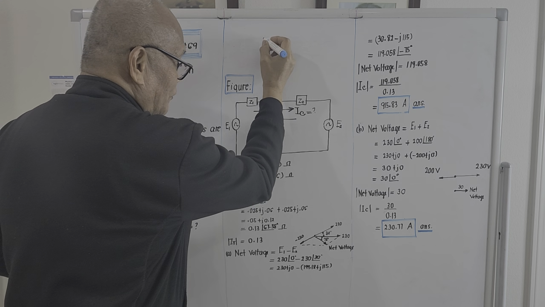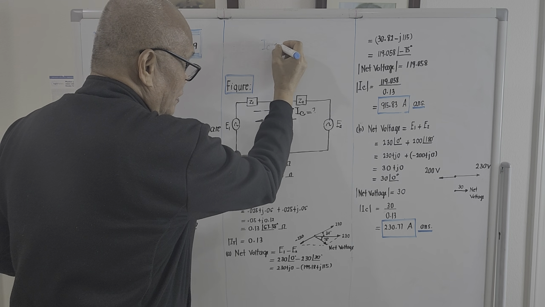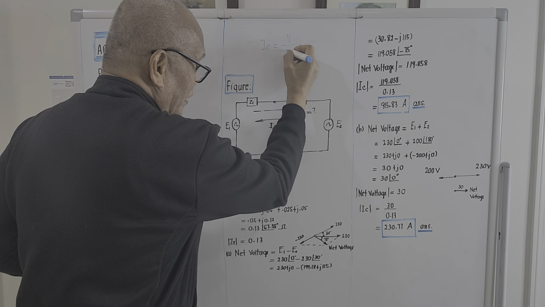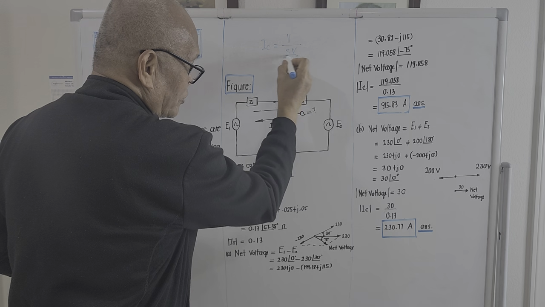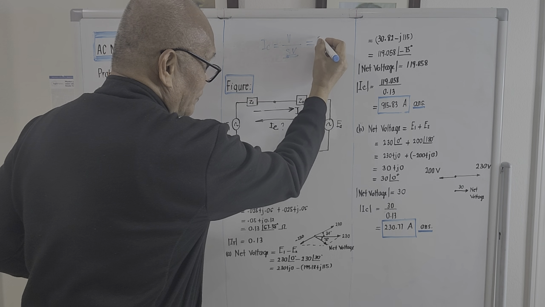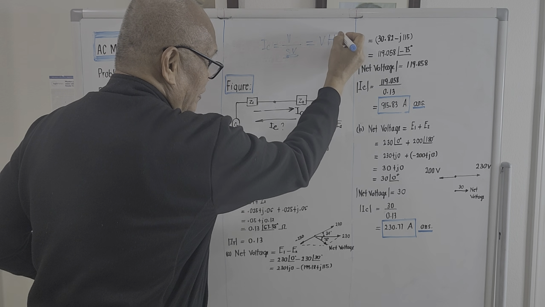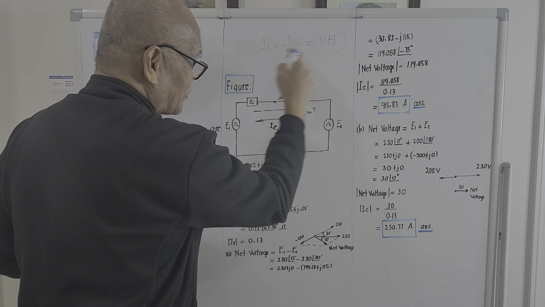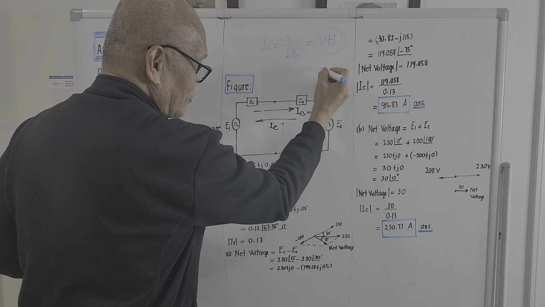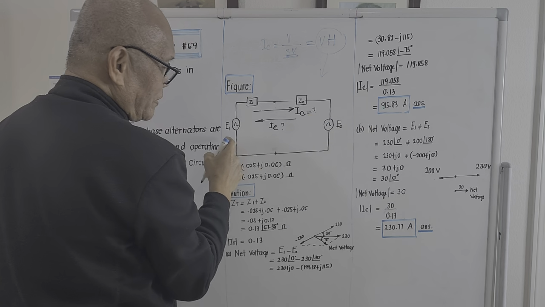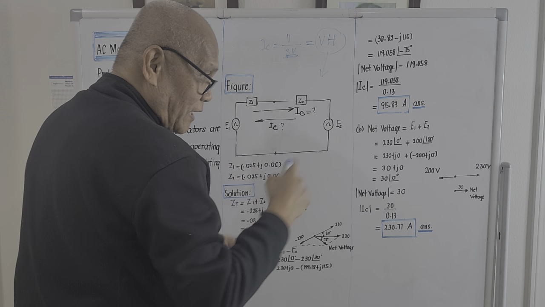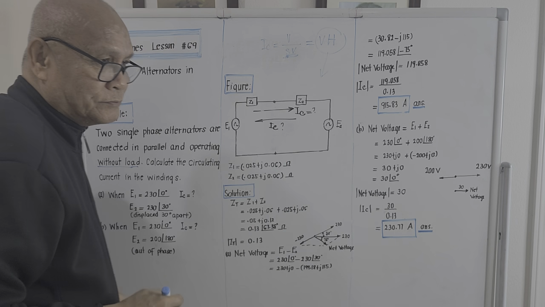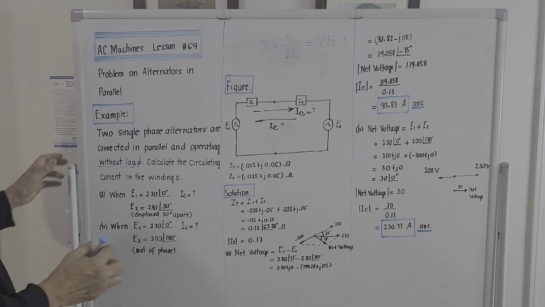If we try to compute for the circulating current, it will be voltage over a small value. If the denominator is small, of course, the current should be very high. This very high value of circulating current is very dangerous. So it might burn alternator number 1 or alternator number 2 if their current ratings are exceeded.